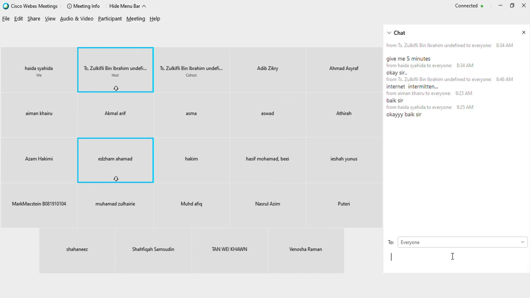Dia nak jawab macam tu atau nak lain untuk jawab assignment. Kena buat simulation atau jawab lain juga.